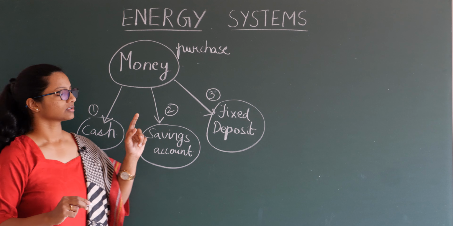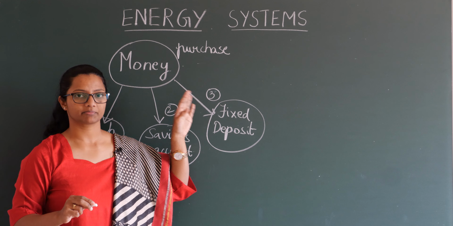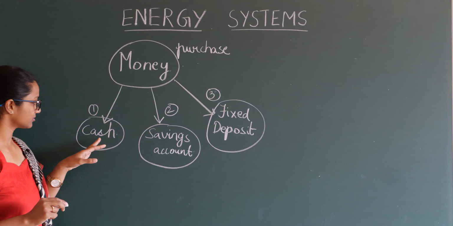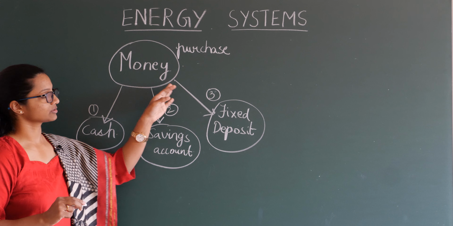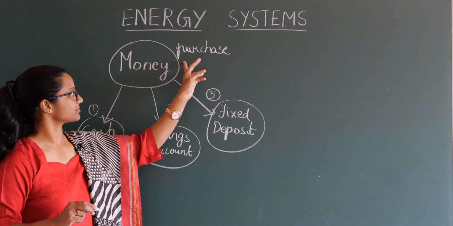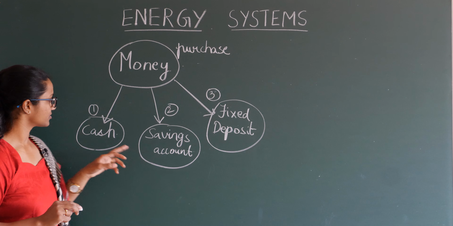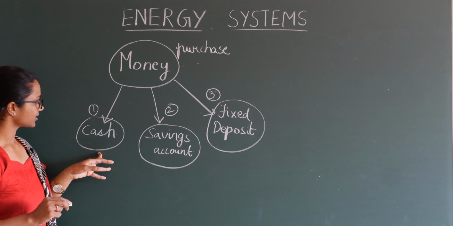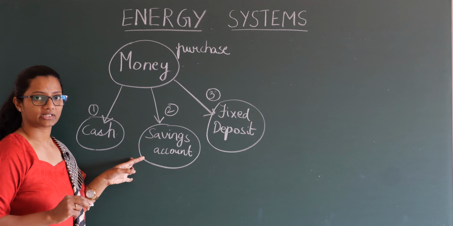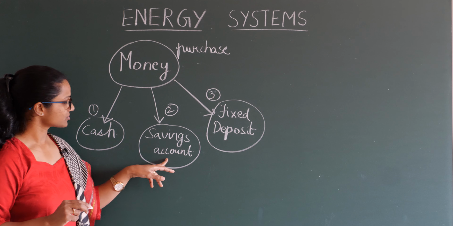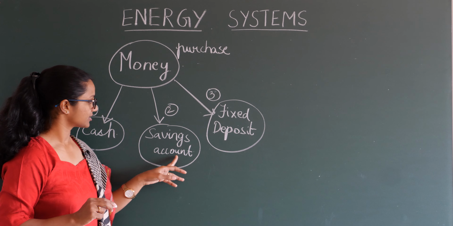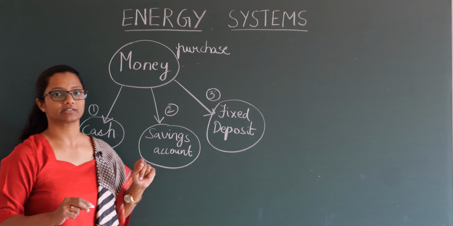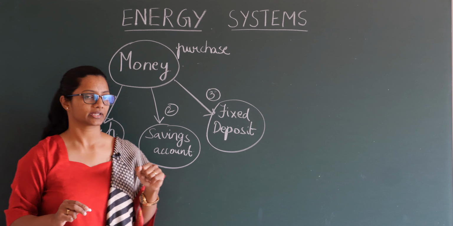Now the total amount of his cash is very less compared to the total amount that he requires to make his purchase. So he collects his cash, then he realizes he is falling short of money. So he goes to his savings account and then he withdraws the money in the form of cash.